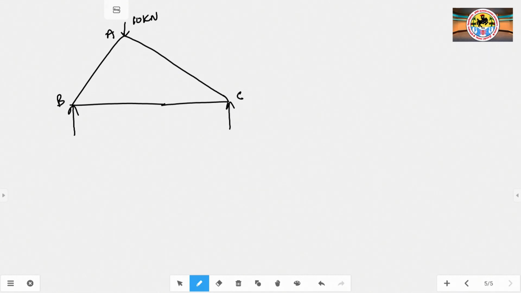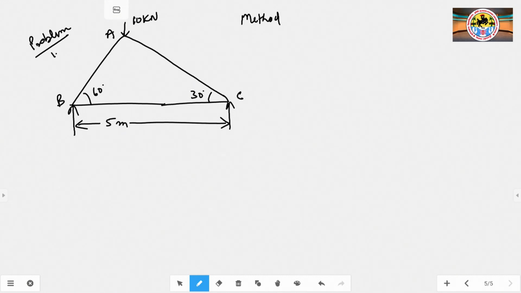The length of member BC is given, that is 5 meter, is it? And the angles are also given here, 60 degree and 30 degree. Now, here we are going to use the method of joint.